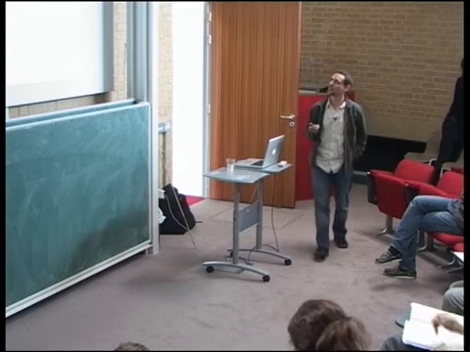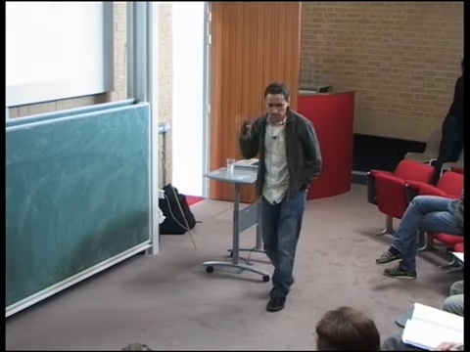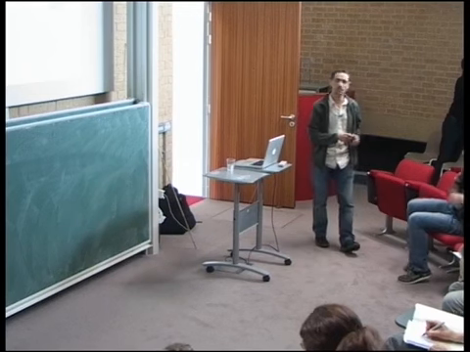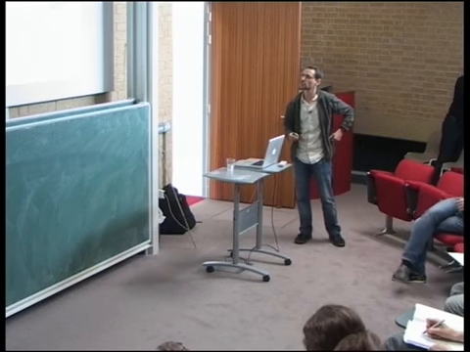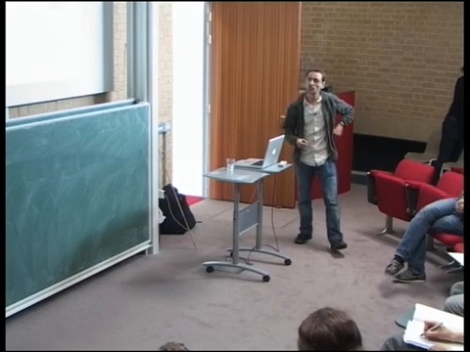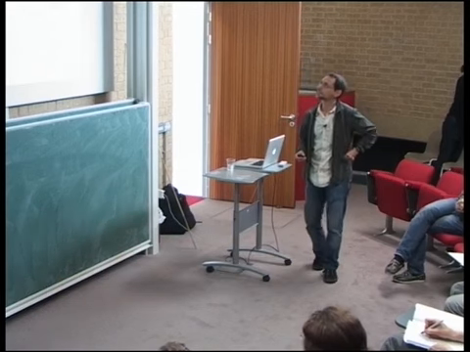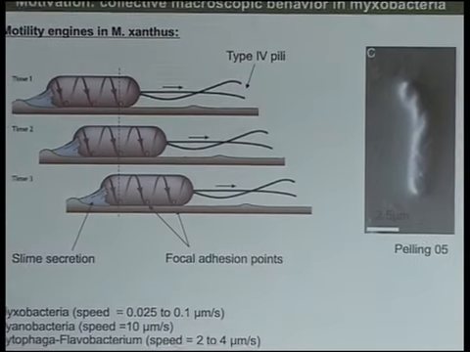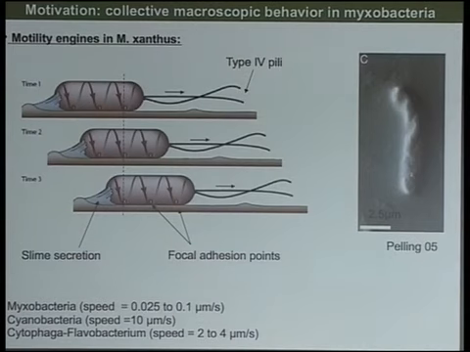So there is a very important difference between myxo and other kinds of bacteria like Bacillus subtilis or E. coli. The main difference is that myxo don't swim. What they do is they glide. How do they do that? They have two kinds of motility engines. One is called the A motility engine.